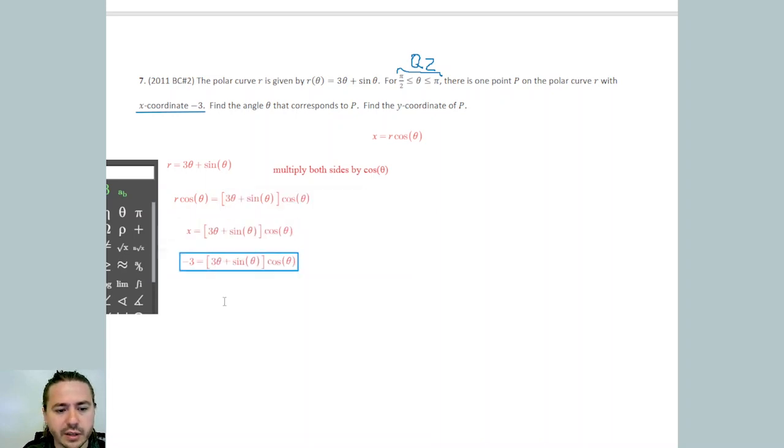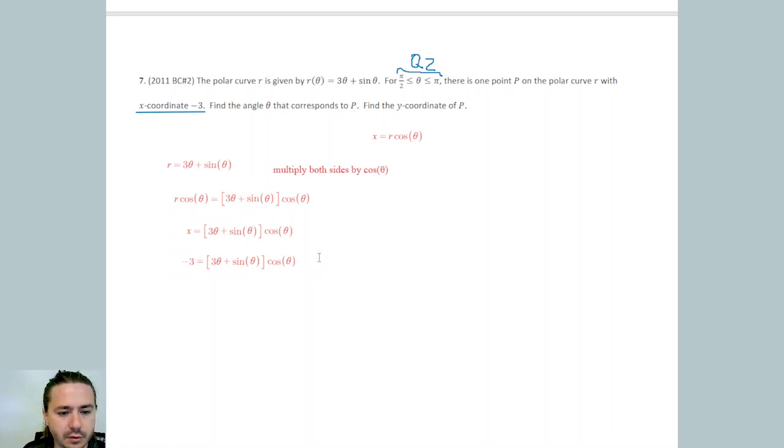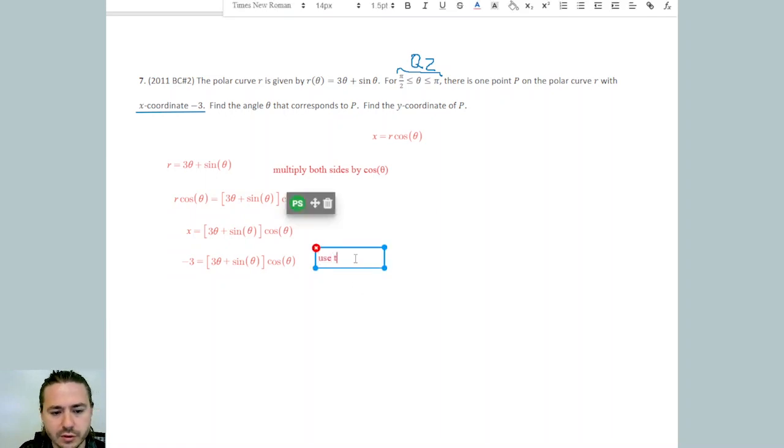Then we'll use the calculator's intersect function to solve for theta.